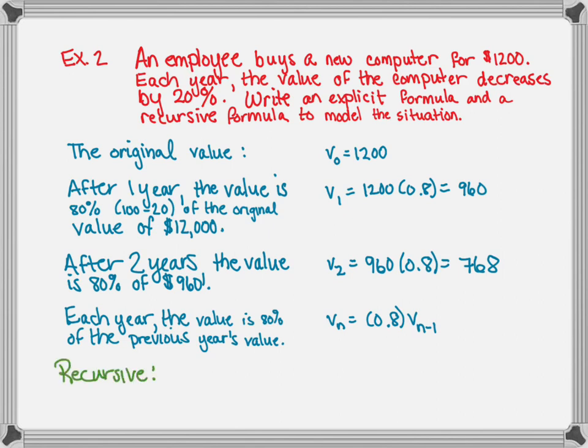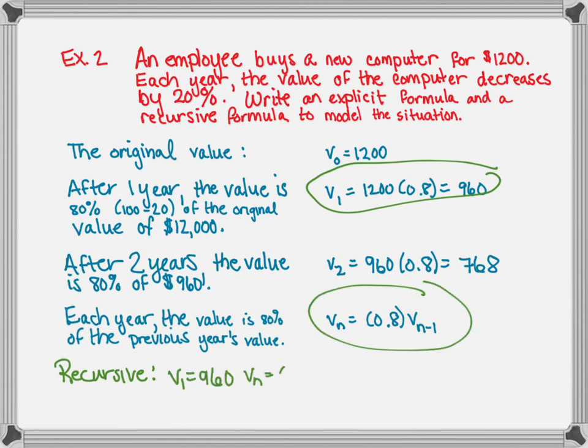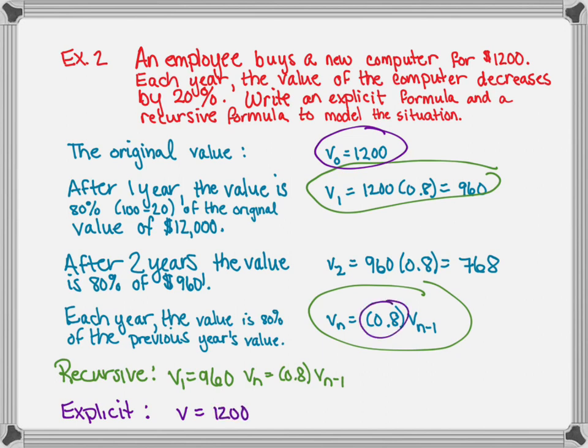So our recursive model or definition comes from our first term, V sub 1 equaling 960, and V sub n equaling 0.8 times V sub n minus 1. Our explicit model or exponential model, our value is our original value, our starting value, V sub 0, 1,200, times our 0.8 raised to the nth power, where n is time in years.